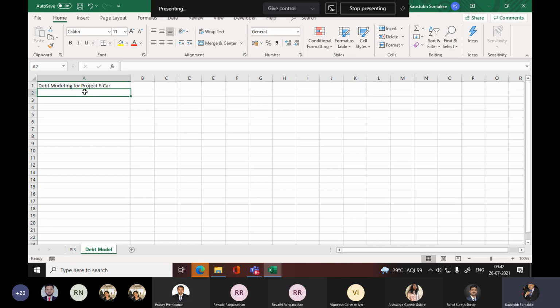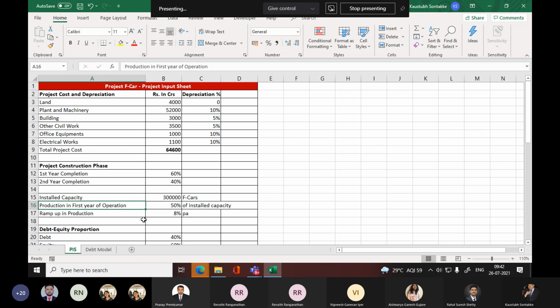So let's start. First, you give heading total project cost. In bracket, you may write rupees in crores. How much is the total project cost? 64,600 crore rupees.